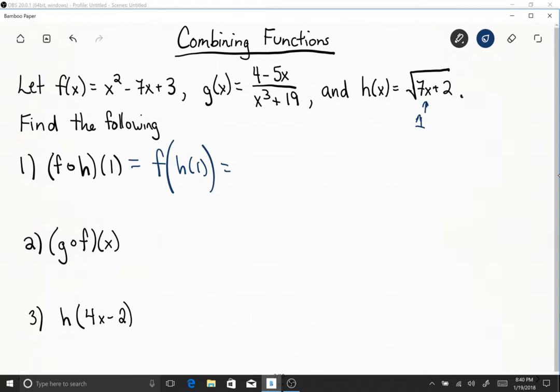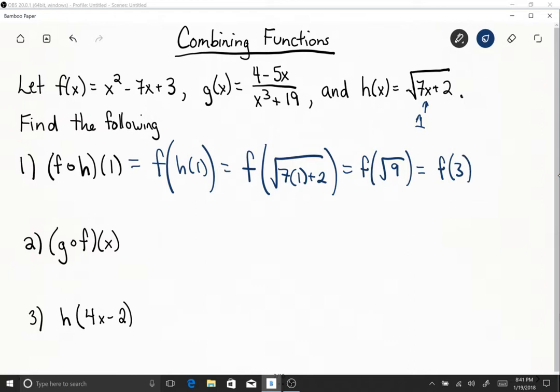So f of h of 1 is just going to be f of the square root of 7 times 1 plus 2. If you plug that in, you get f of the square root of 9. And square root of 9 is just 3. So that looks a little bit more familiar, hopefully.